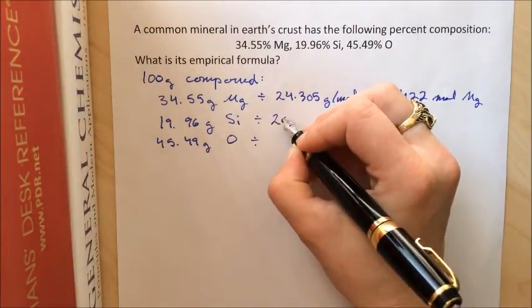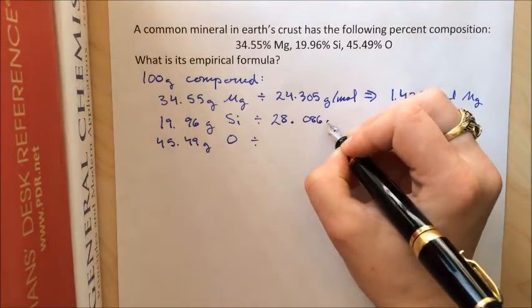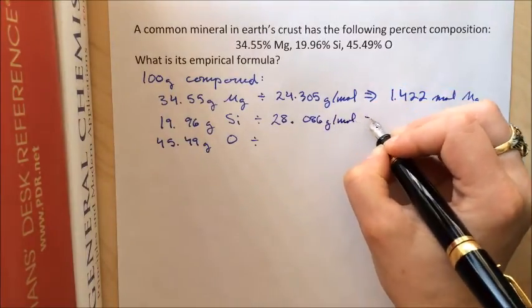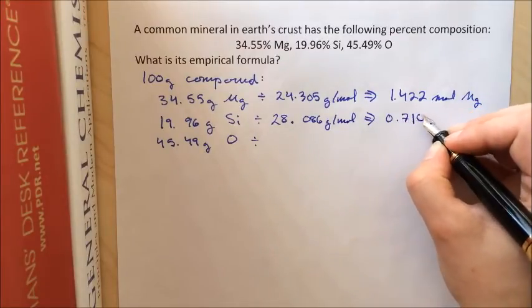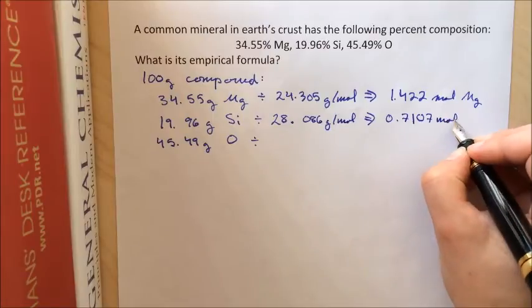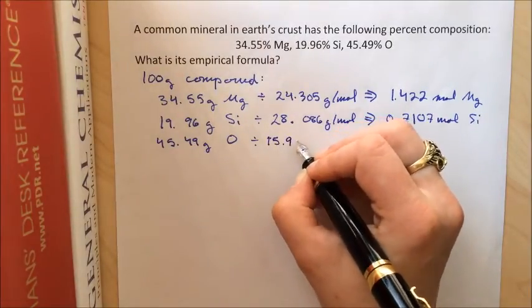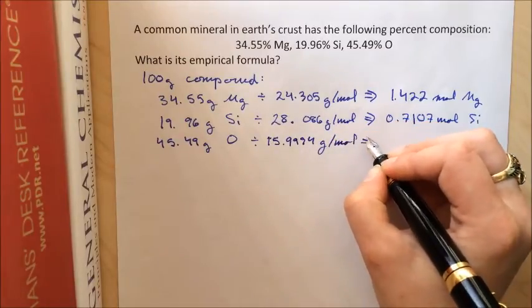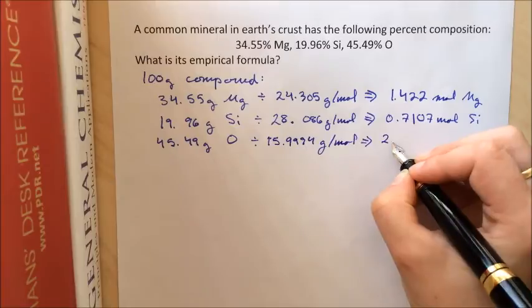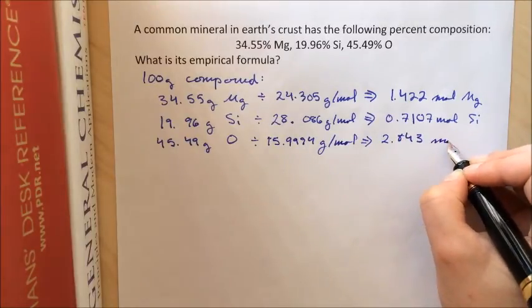We'll do the same thing with the silicon and the oxygen. So this one's 28.086 grams per mole, meaning that we have 0.7107 moles of silicon. And then the oxygen, that 15.9994 comes back, meaning that we have 2.843 moles of oxygen.